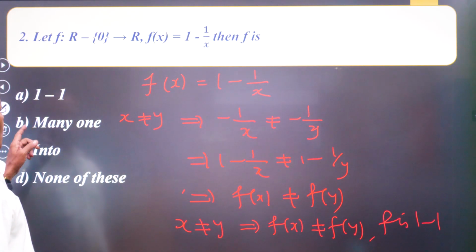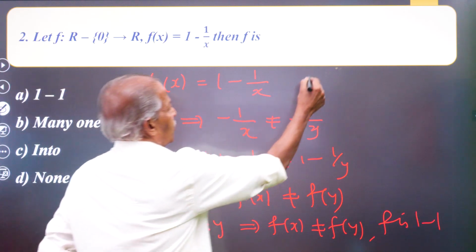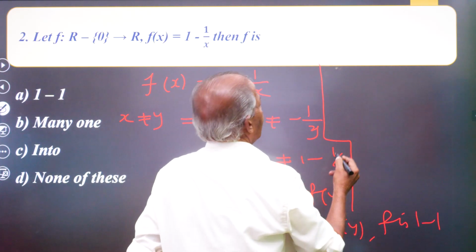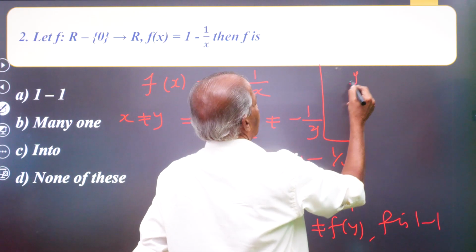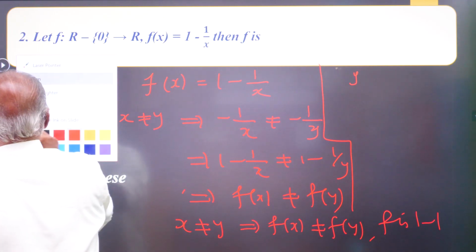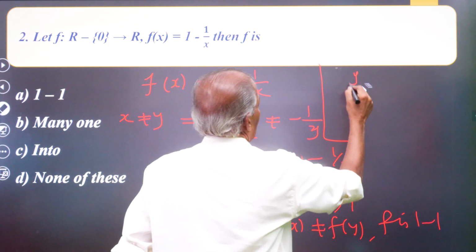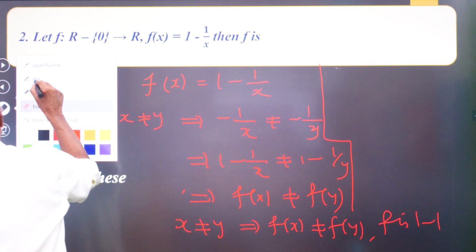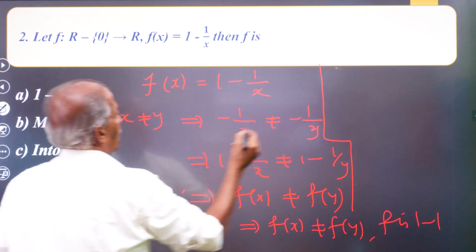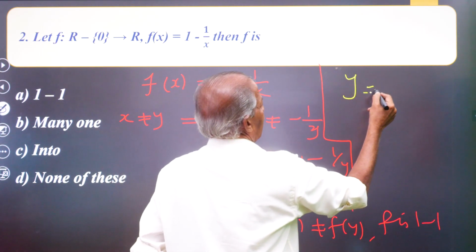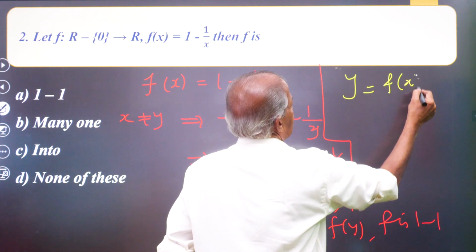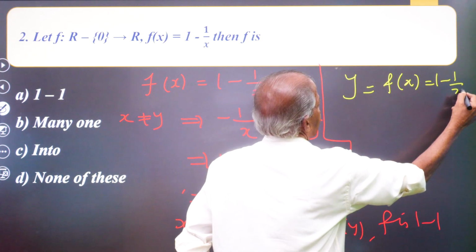What about onto? For onto, let us check it. We have to find the inverse function. y equal to f of x, which is equal to 1 minus 1 by x.